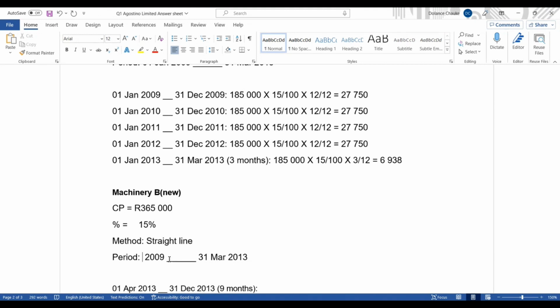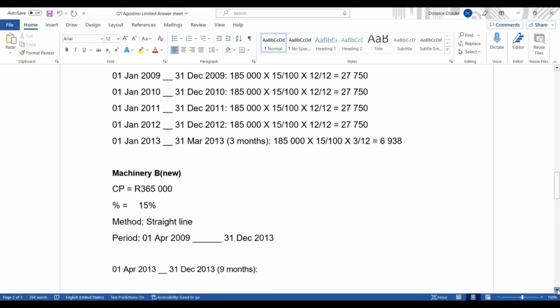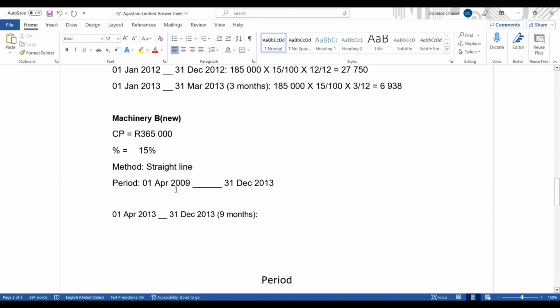And then the period is on the 1st of April 2013 until December 2013. You see? Then now we can go and calculate depreciation for it. Okay.